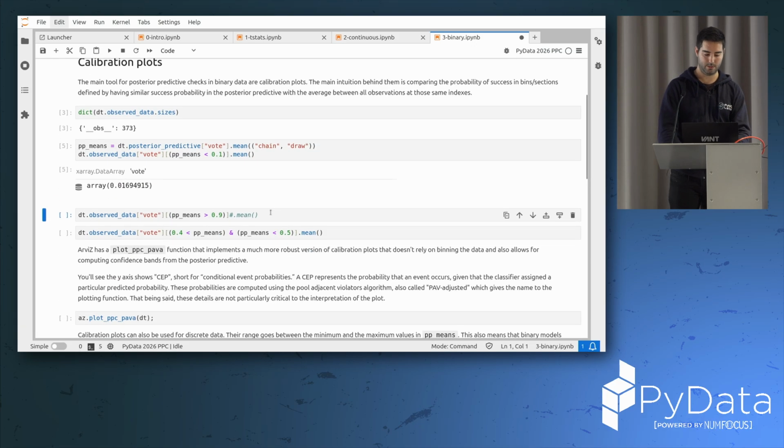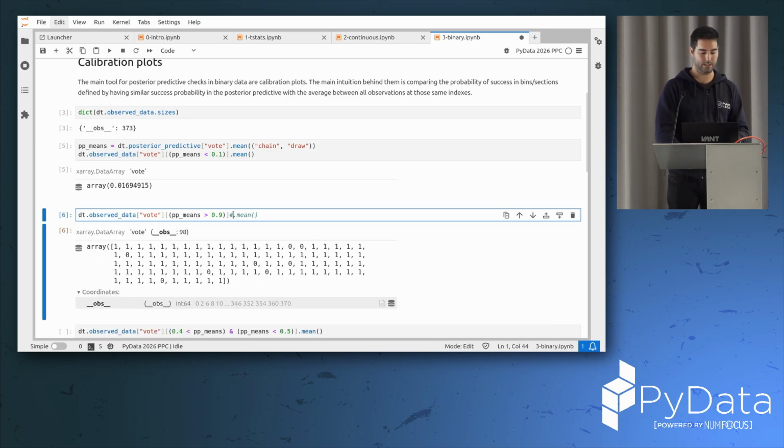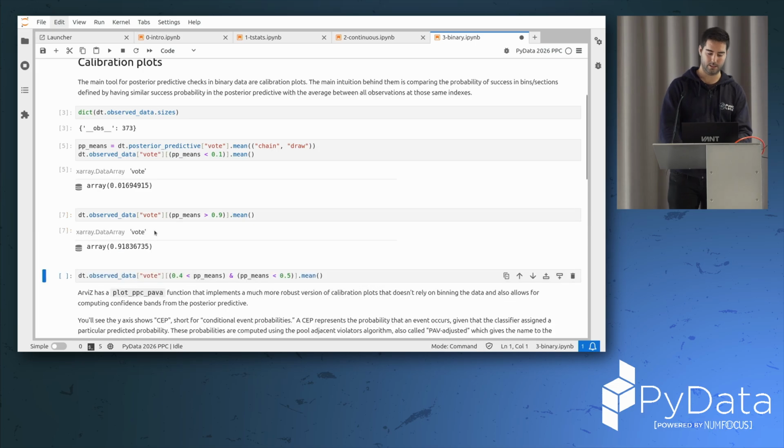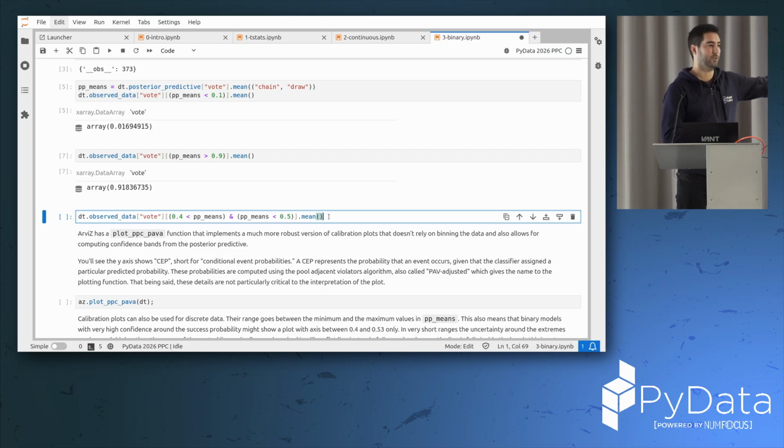We can do the same for larger than 0.9, now it's 98, and we take the mean, and now it's 0.91. If we do it for between 0.4 and 0.5, ideally we expect a value between 0.4 and 0.5, and this will be an indicator that the model is actually calibrated.